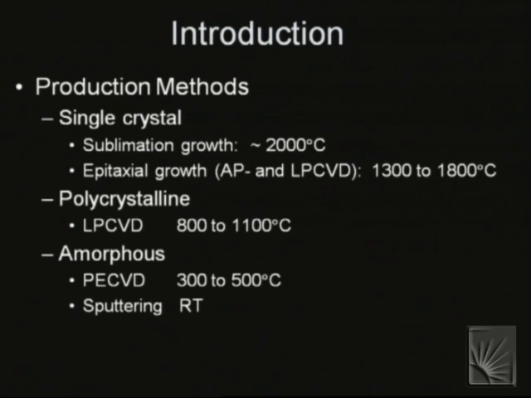PECVD is typically performed at temperatures of 300 to 500 C, whereas sputtering can be performed on substrates at temperatures as low as room temperature.